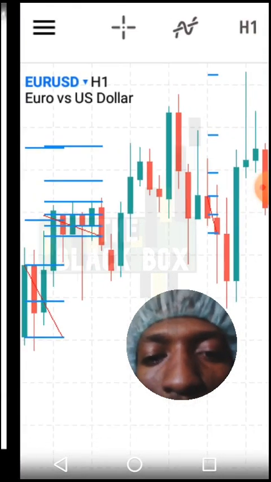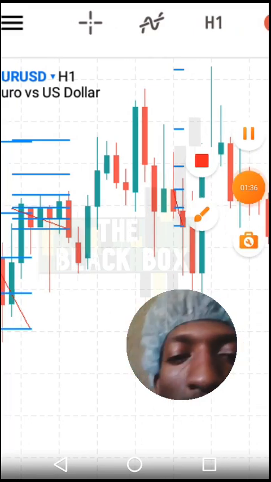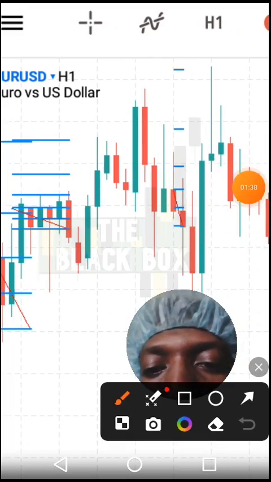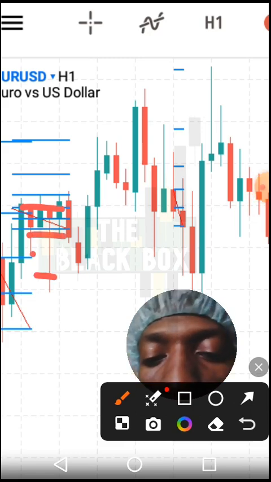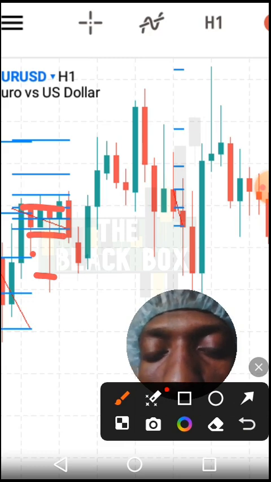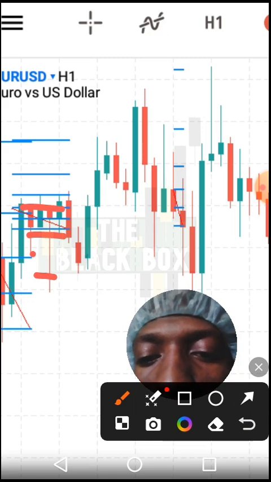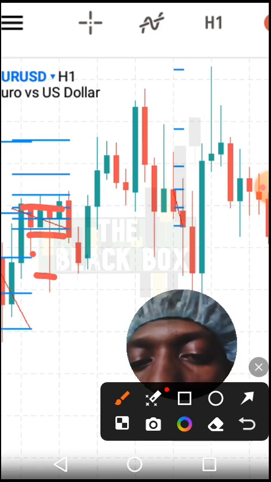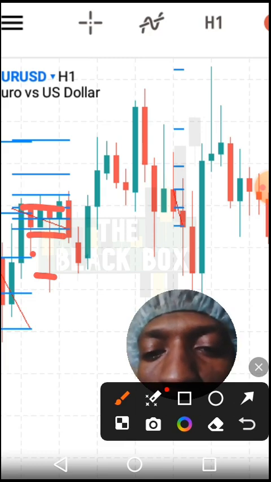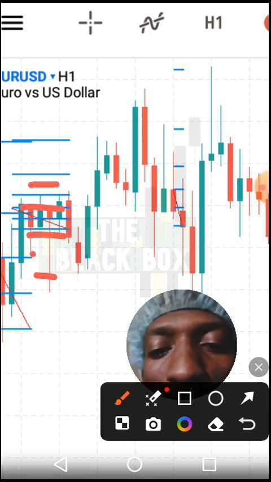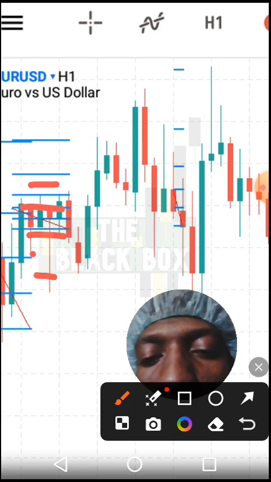So, let me zoom in on this. As you can see, this was the sell down there. Then a little bit of push downside and then reversing to the upside. And then stop loss up there.